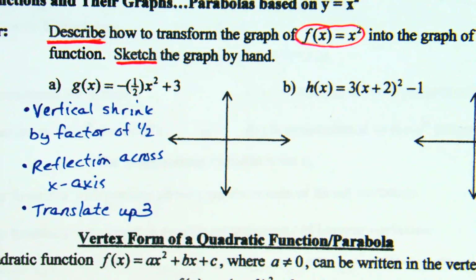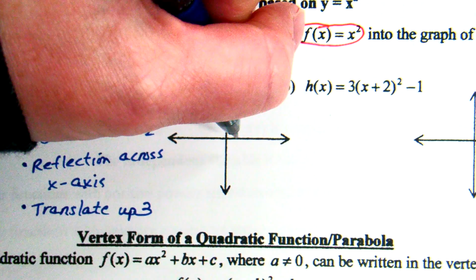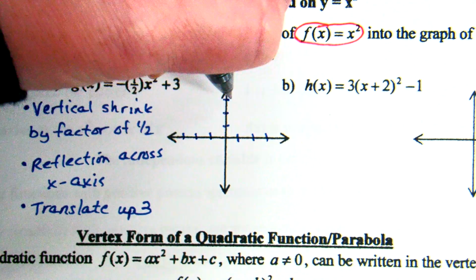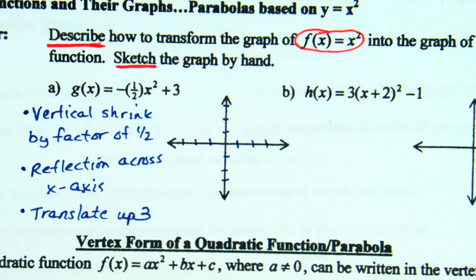So a year ago, that's what we were working on. Okay, I'm going to put in some tick marks. I've got 3 tick marks left and right, at least 3 tick marks up, and 3 tick marks each direction.